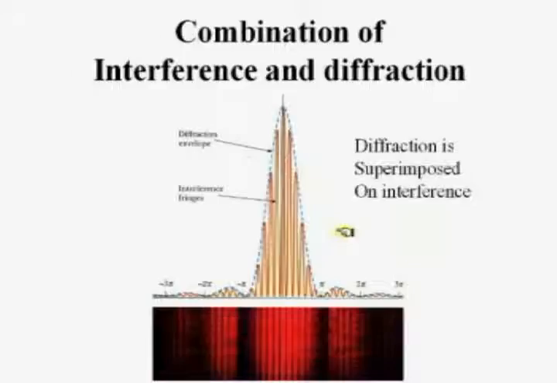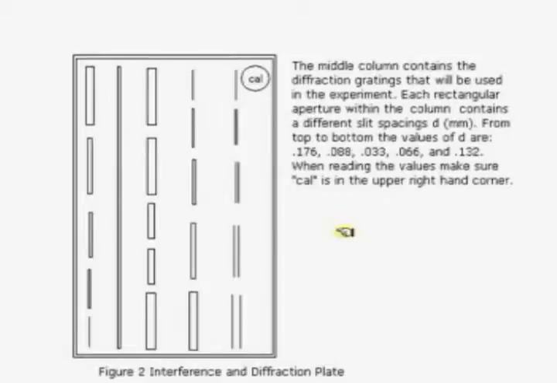We will be using something like this. This is called an interference and grating plate. These are very easily available and very inexpensive. They are practically available in every physics lab. This will have a series of slots within which there are diffraction gratings. These diffraction gratings have a number of lines per meter.